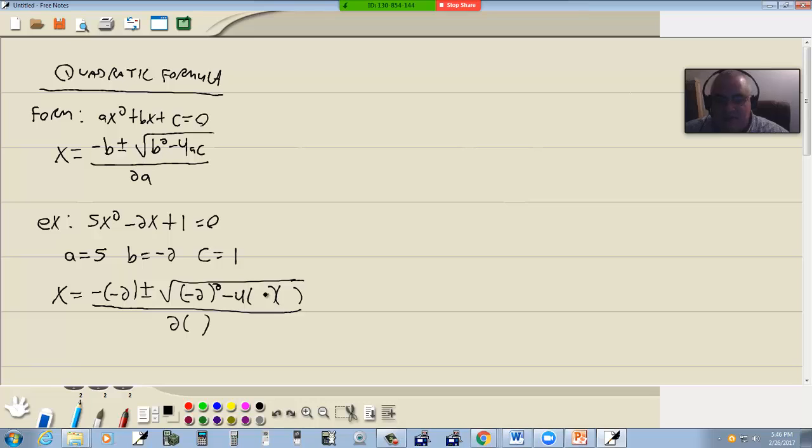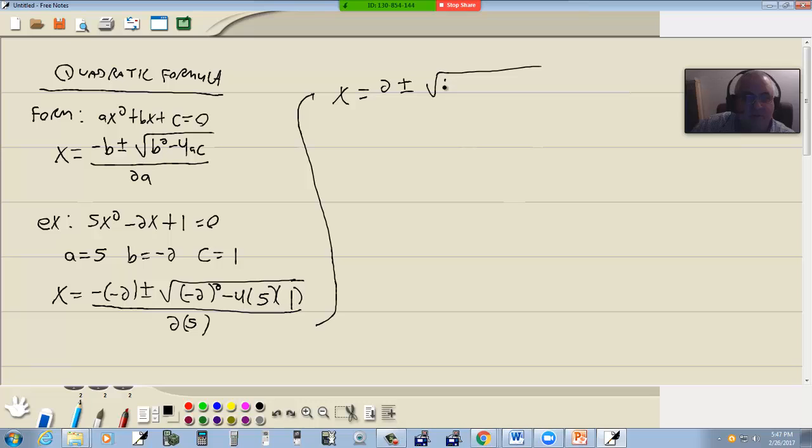A was 5, so everywhere I have an a in my formula I put in 5. And c was 1, so I'll put a 1 where the c was. And then we simplify. Negative negative gives us positive 2, plus or minus square root of negative 2 squared, which is 4, minus 4 times 5 times 1, which is 20, over 2 times 5, which is 10.